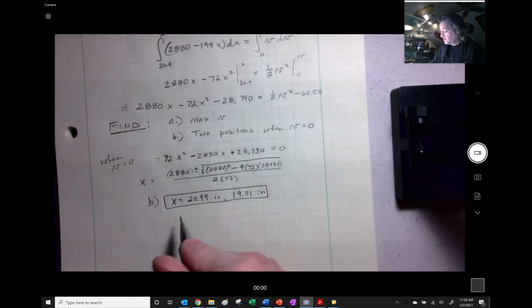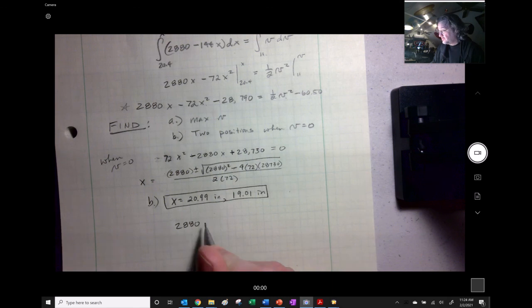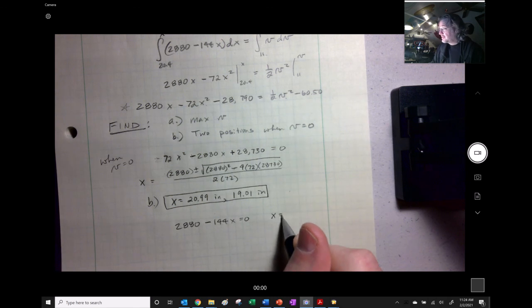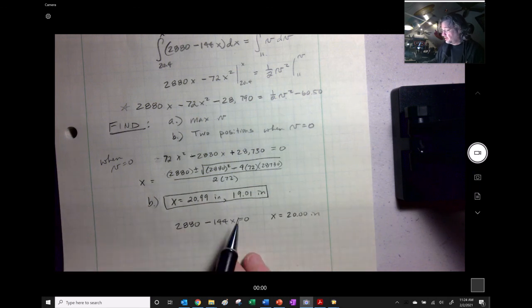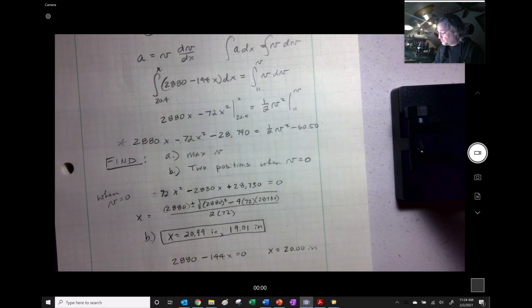So we say 2880 minus 144x equals 0, and that makes x happen at 20 inches. So all we have to do is come back up to here and plug in 20 inches, right?